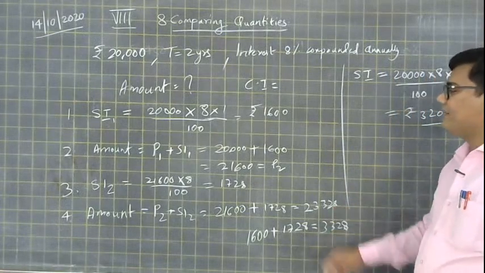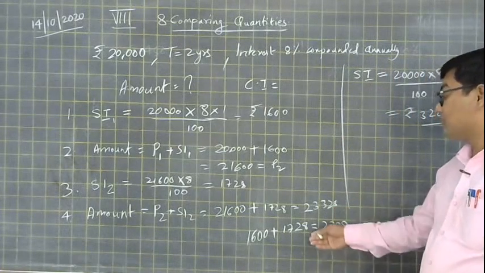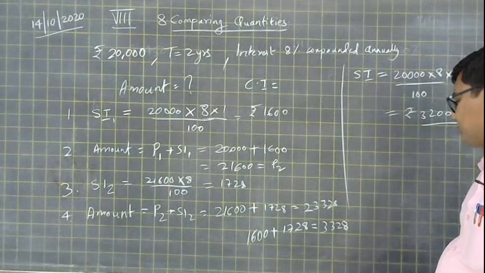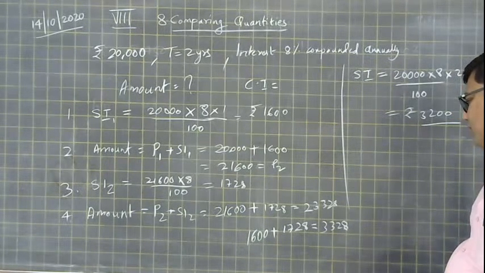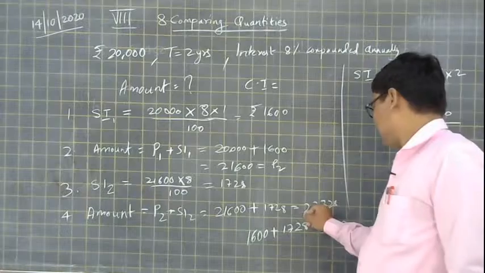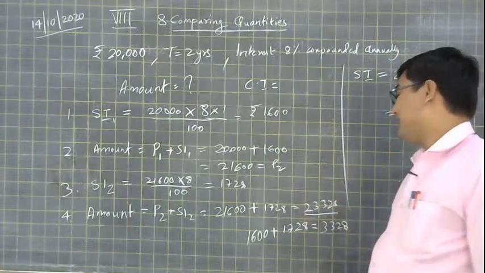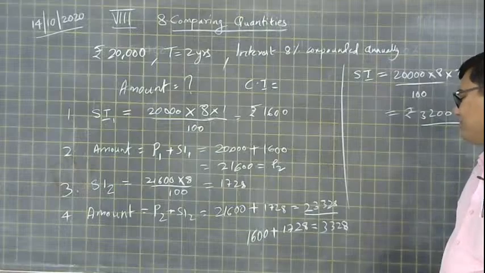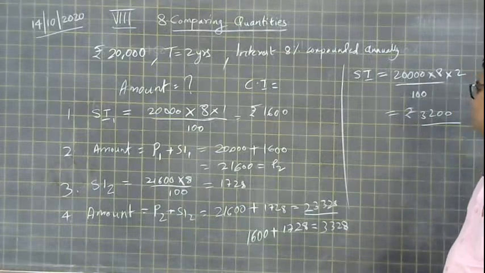This is the compound interest, and 23,328 is the amount which should be paid or received after 2 years.